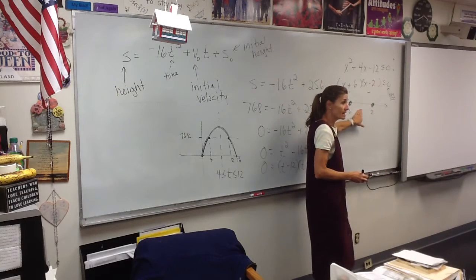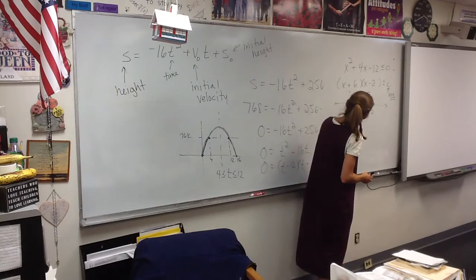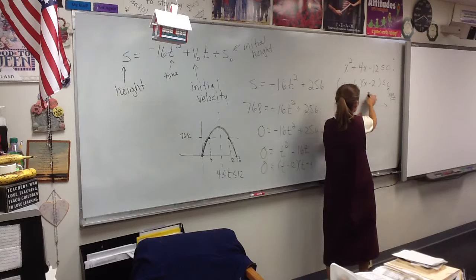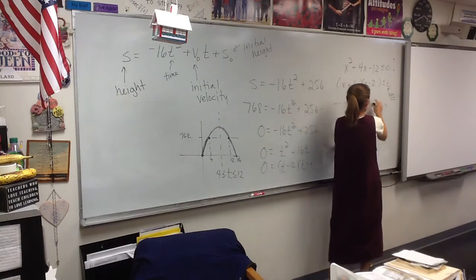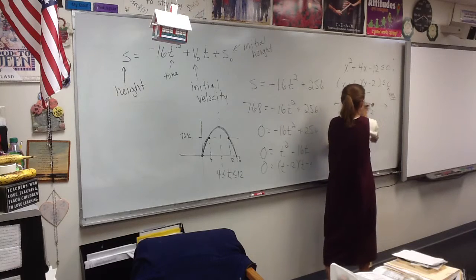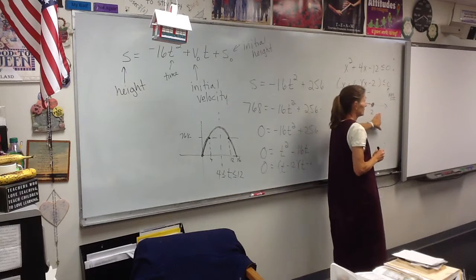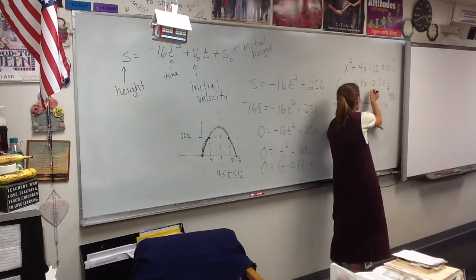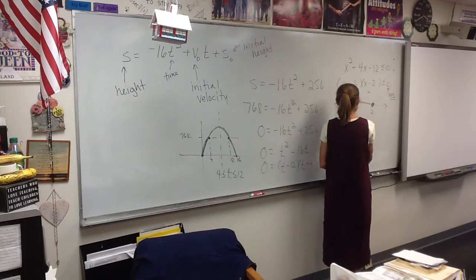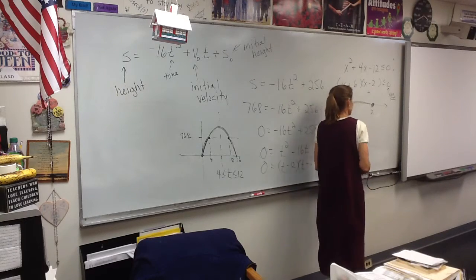So then move on to the next section. 0: positive, negative, multiplied together. Does that work for me? 10: positive, positive, multiplied together. Does that work? No. So my answer is everything between -6 and 2.